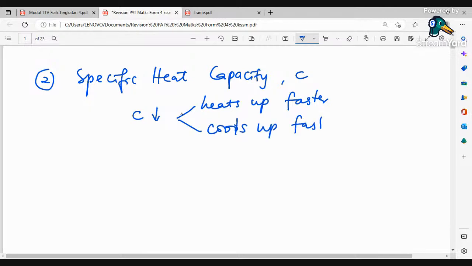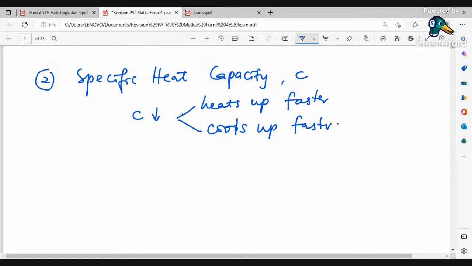So dia punya specific heat capacity smaller, heats up faster, goes down also faster. Vice versa lah. Kalau C besar, dia heats up slower, goes down also slower. Lambat panas, lambat sejuk. Okay, itu untuk specific heat capacity.